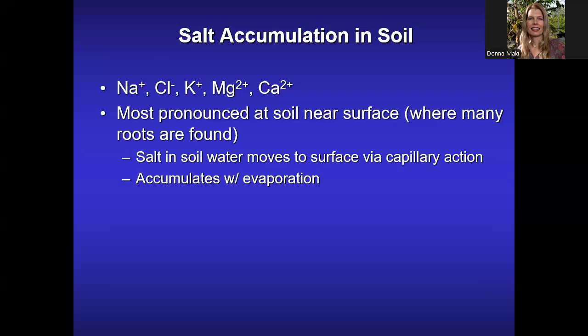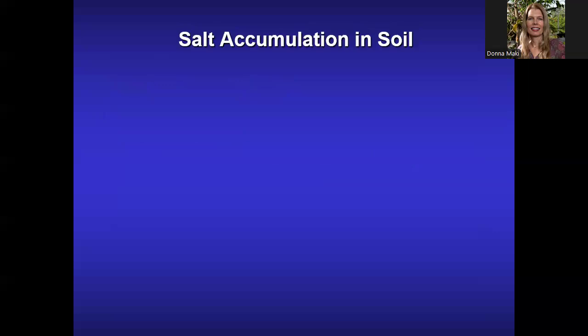And what happens then is you tend to get a buildup of salts toward the upper layers of the soil where a lot of the roots are found. And so if you keep doing that over and over, and you can imagine fertilizing through the season and then the irrigation, if you're not careful, you can get too many salts accumulating right where the roots tend to love to be, toward the surface of the soil.